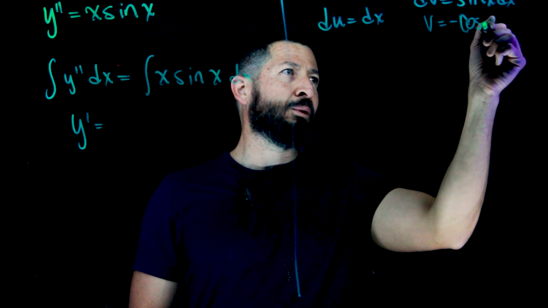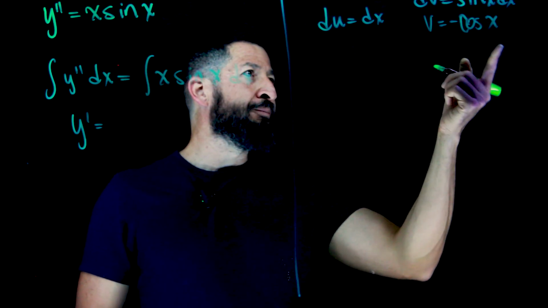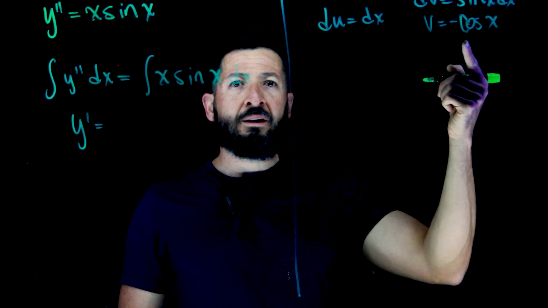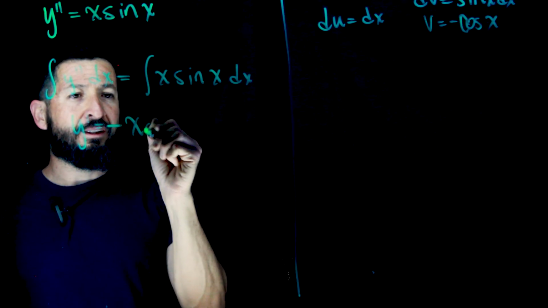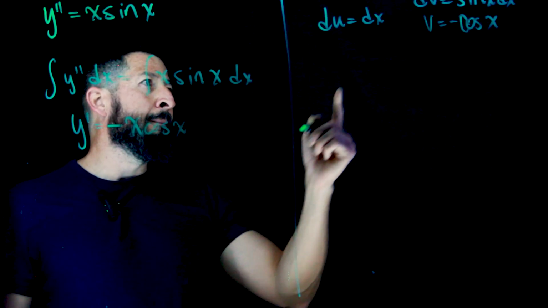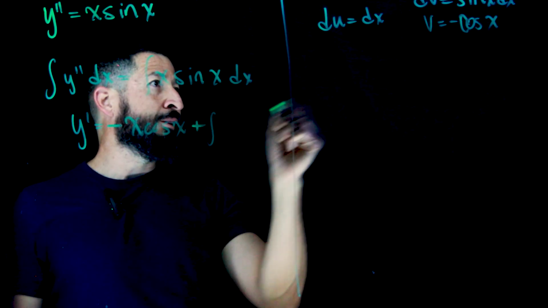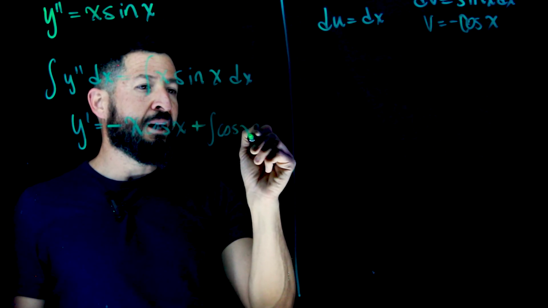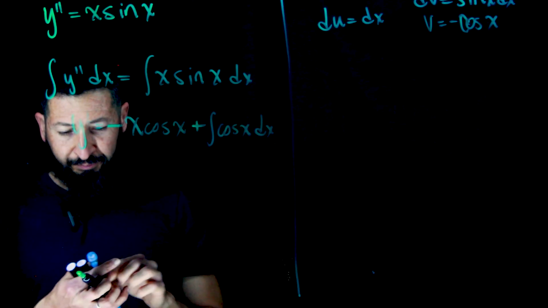So the integration by parts is going to be uv, so negative x cosine x, and then minus the integral of v du, but I have a negative, so it's going to be plus the integral of cosine x dx, and that's going to give me a sine.